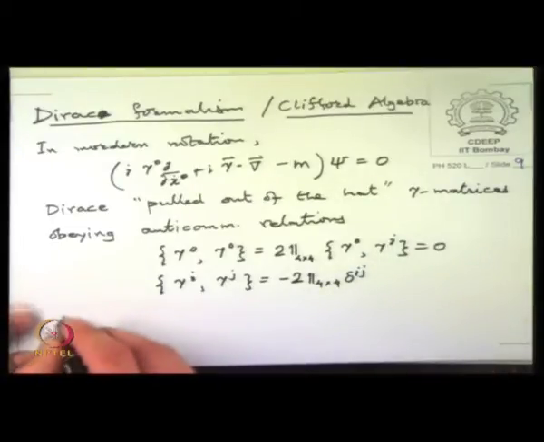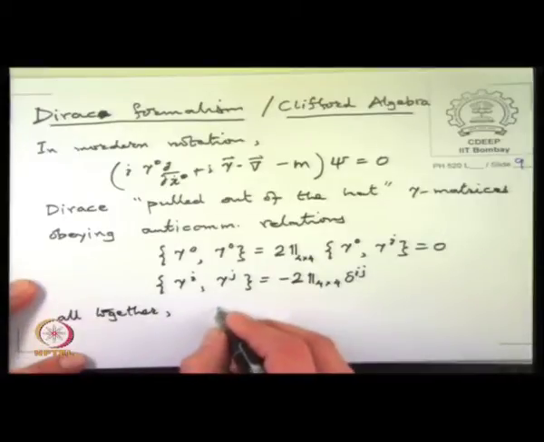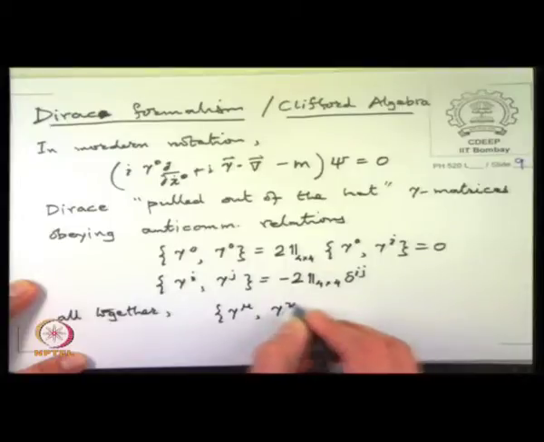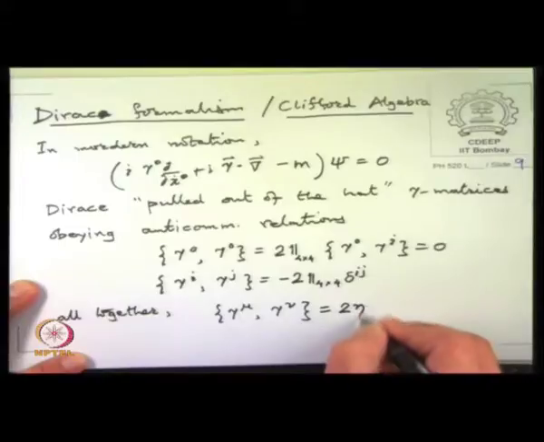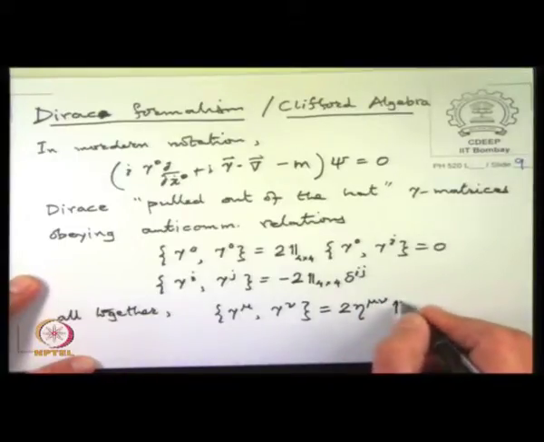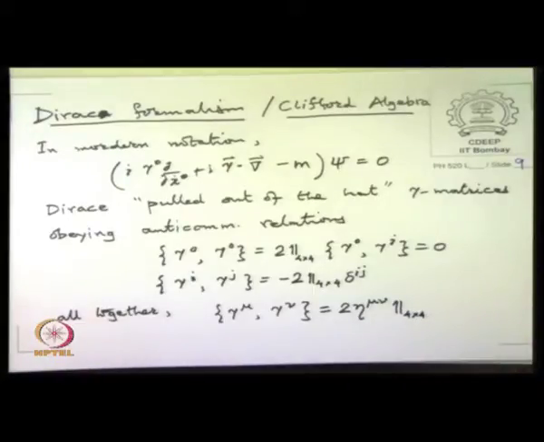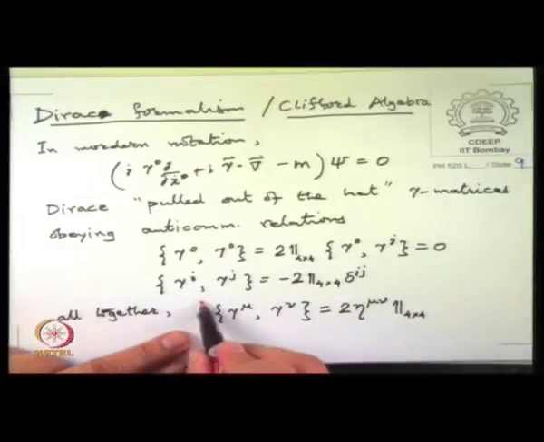So all together one writes this elegant notation: the anti-commutator of gamma mu and gamma nu equals 2 times eta metric mu nu times the 4 by 4 identity matrix. Okay. So Dirac used slightly different notation, but this is what it is.